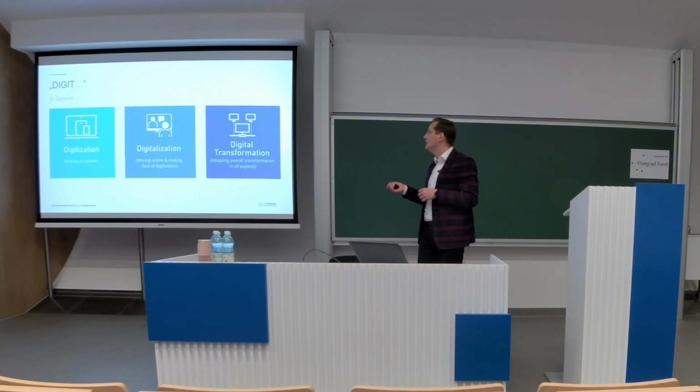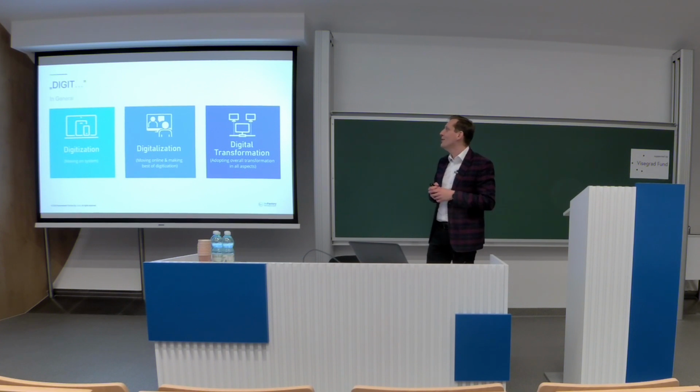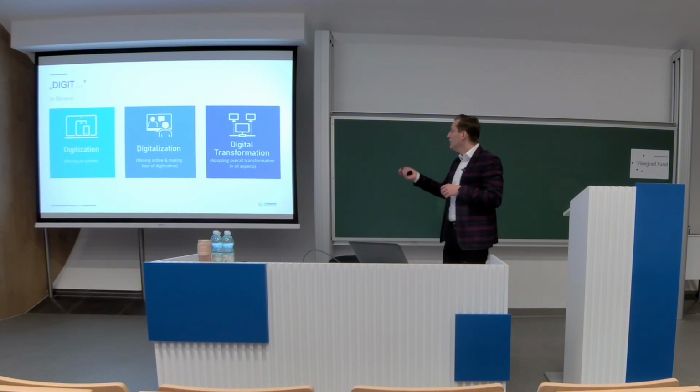Second is digitalization. It's similar to digitization, but it's like moving online. So moving from this Excel, or moving from these documents which could be written down on a computer, to a cloud. And then the full process is digital transformation, so adopting overall transformation in all aspects.